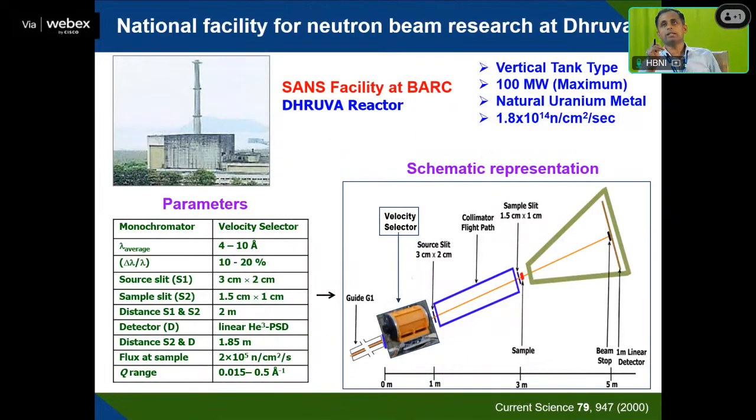But the important thing is that for a neutron experiment you need a neutron source, which needs a nuclear facility.